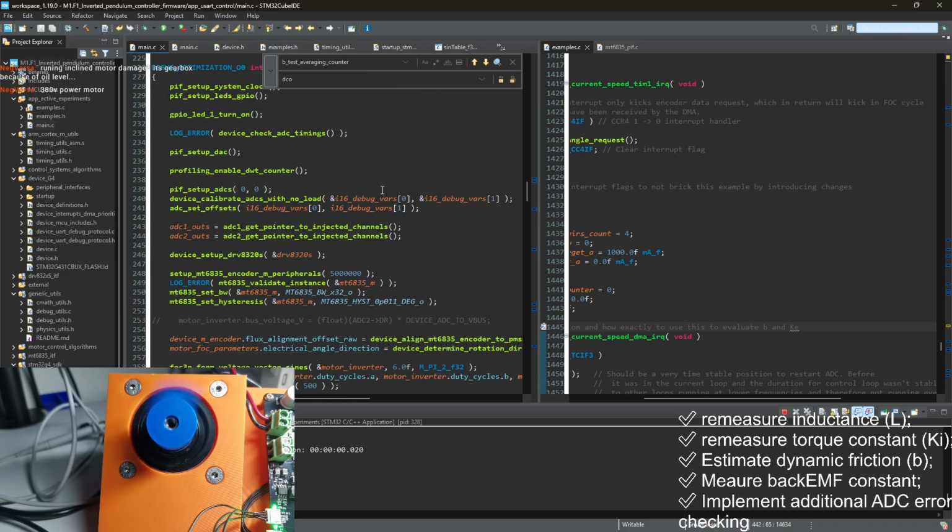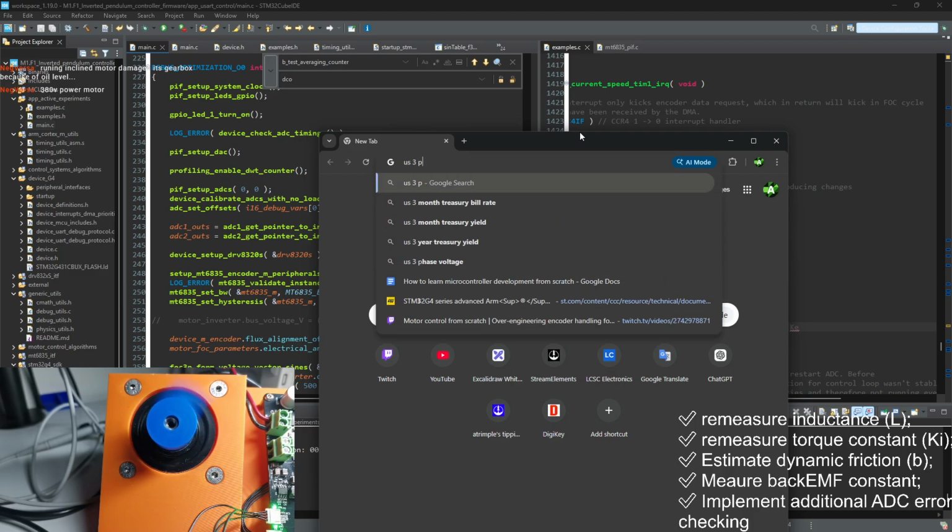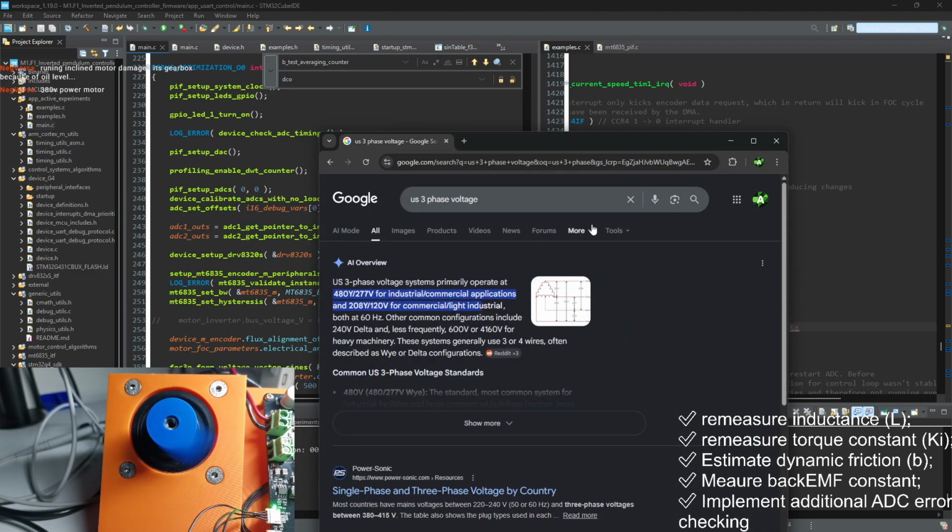380 volts power motor. Holy cow, it should be very expensive, no? Like it's a 3-phase motor? No, wait, you're from US, you don't have this. Where the hell did you even run this motor? What is the 3-phase voltage in US? It should be like 180 something.